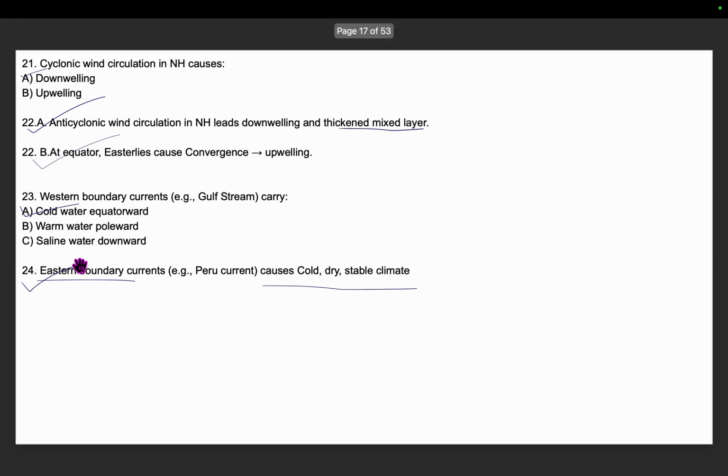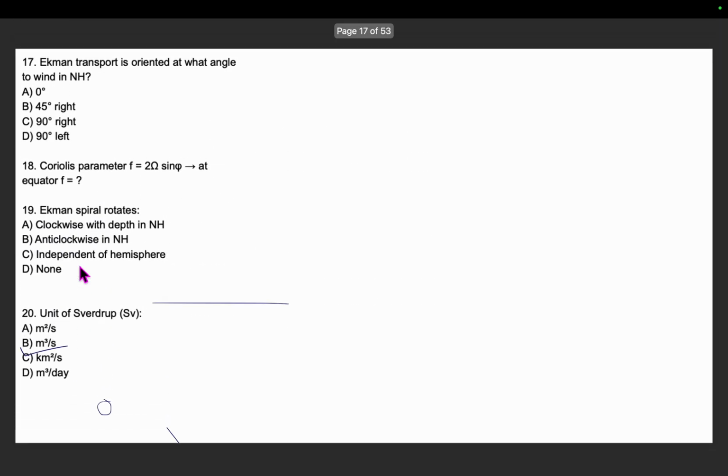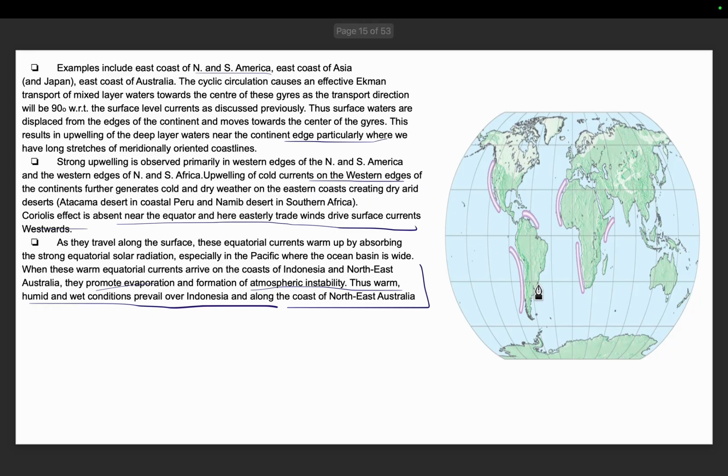Because here, at the western side of South America, there is a cold, dry current.